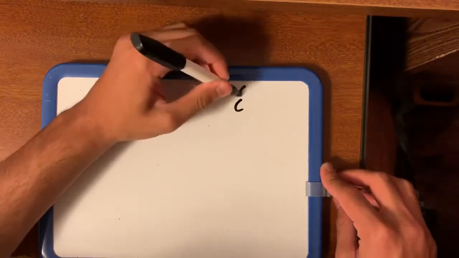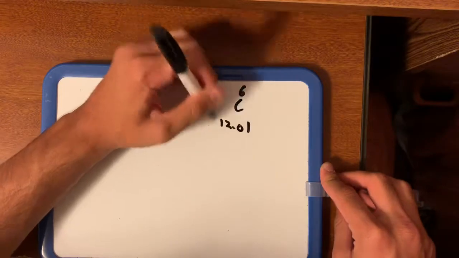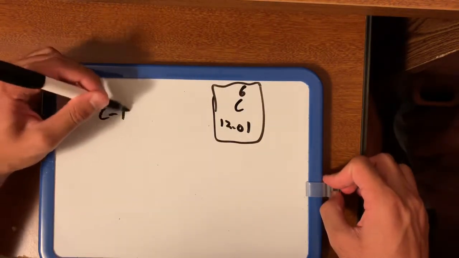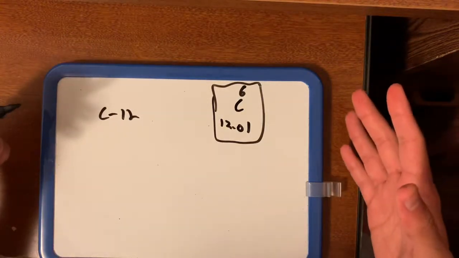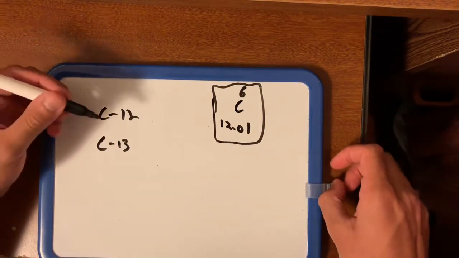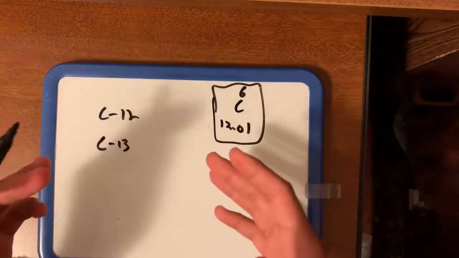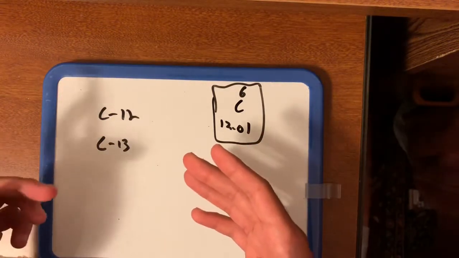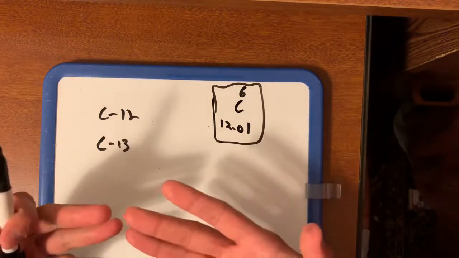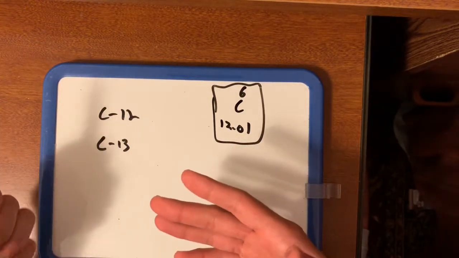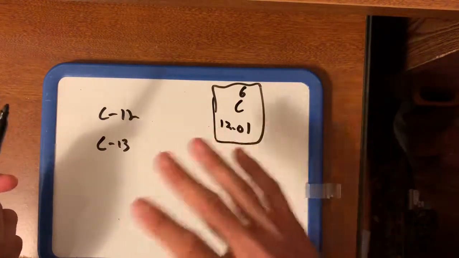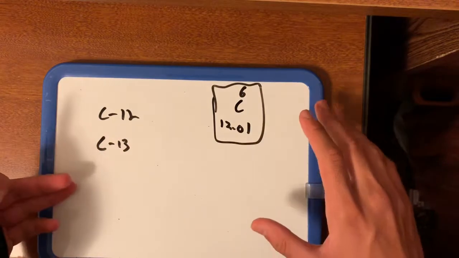So where we had carbon 12.01, there might be a bunch of carbon 12s in the world, like a lot of them, and then there might be a few carbon 13s. So when we take into account the abundance of each one of those, and you multiply abundance times the mass and add them together, you see that the averaged out weight of all the masses of the isotopes comes out to that.